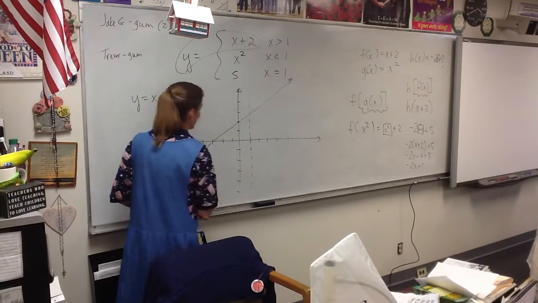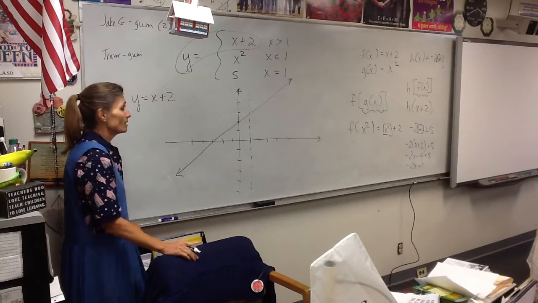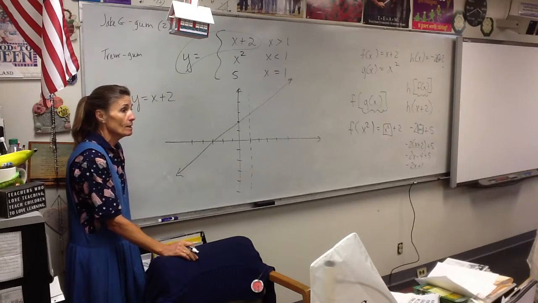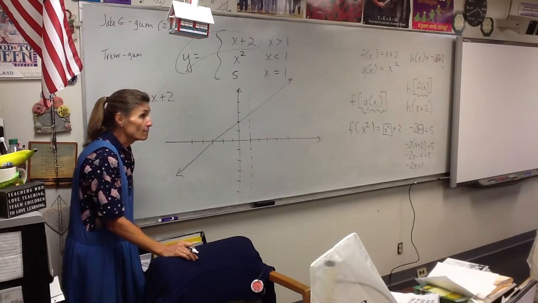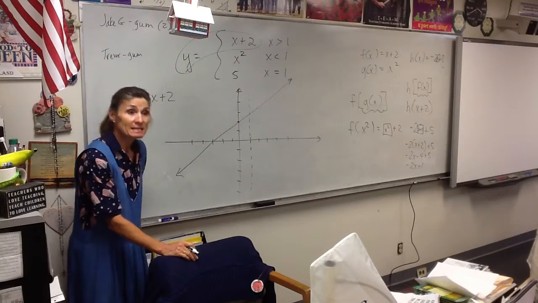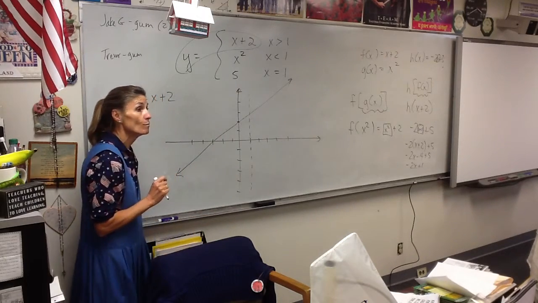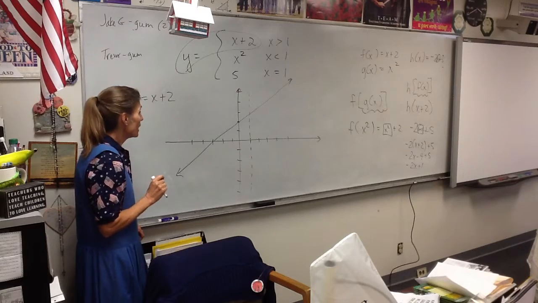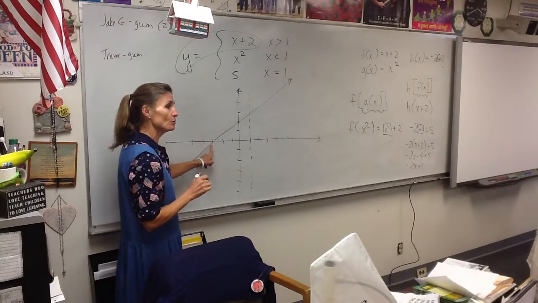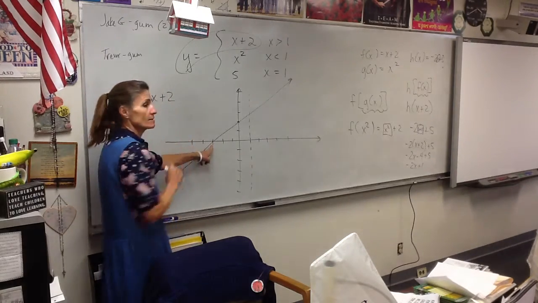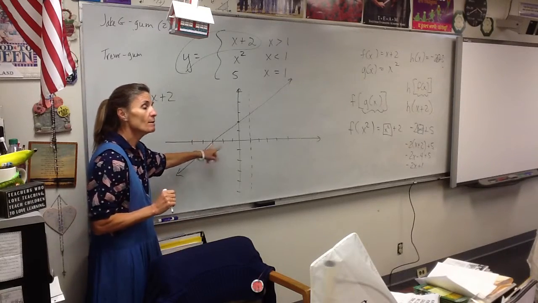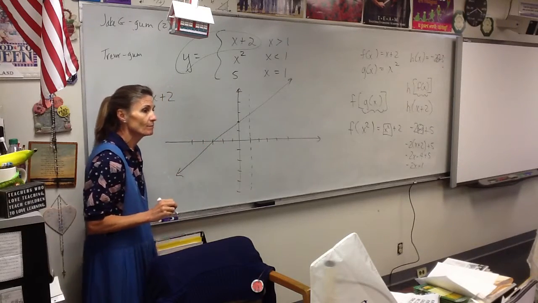That's supposed to be a straight line. Does it matter where it touches on the x-axis? Well, it should be at -2, because that would make a 0 there. Get it as close as you can.